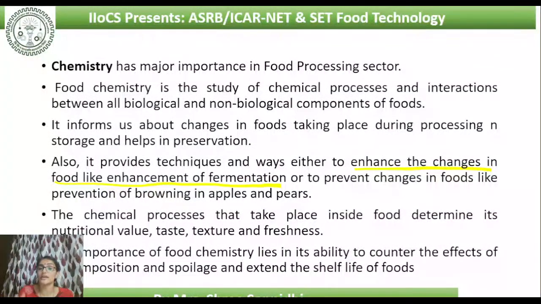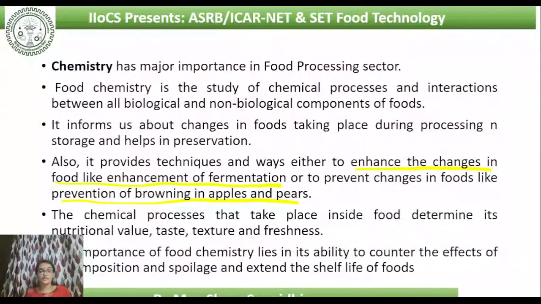The yeast will get more food and they will ferment the product a little better, right? If we know how the chemical process goes in that fermenting product, then we'll be able to change the process accordingly.